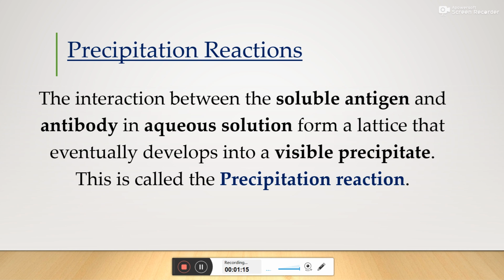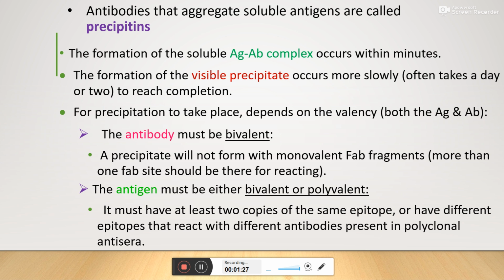In this reaction, the soluble antibodies that aggregate the soluble antigens present in the aqueous solution are called precipitins. So the antibodies present in the aqueous solution that can aggregate the soluble antigens are called precipitins.